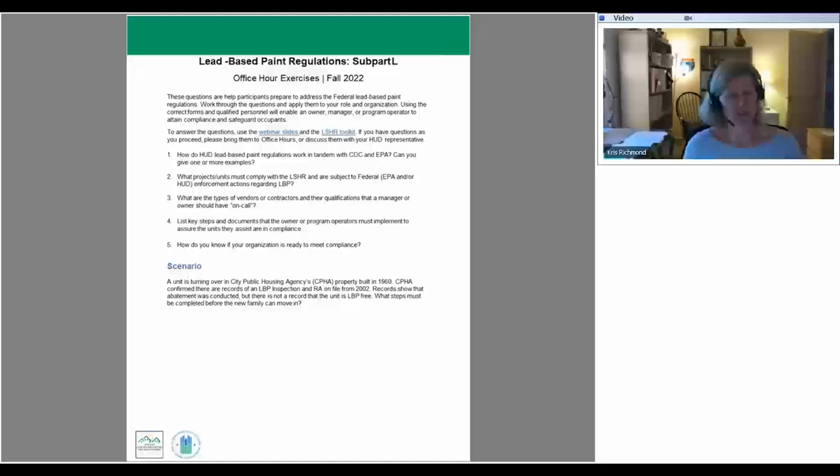You should have a list of certified workers, whether they're on staff or you're contracting out to have work done. You should have policies and procedures about what to do if you have an elevated blood level child, as well as what you are doing for ongoing maintenance. How is that going to be documented? Who's doing the work, what's the schedule for that?